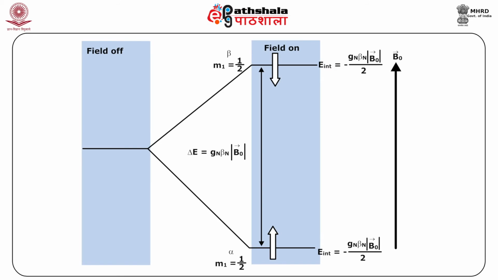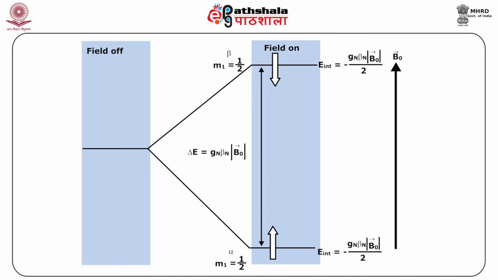For proton and carbon-13 nuclei, which have I equal to half, there are two mI values, plus half and minus half, as shown in the figure. Thus, if these nuclei are placed in an external magnetic field, they can only be regarded as being effectively lined up with the field, mI equal to plus half, or against the field, mI equal to minus half.